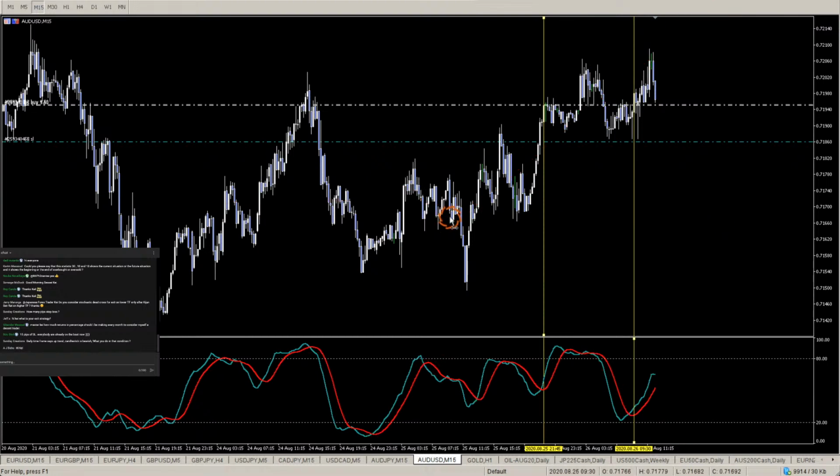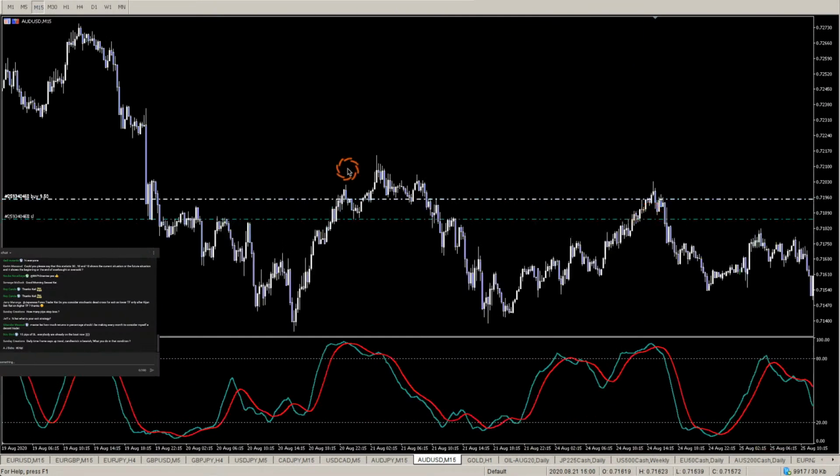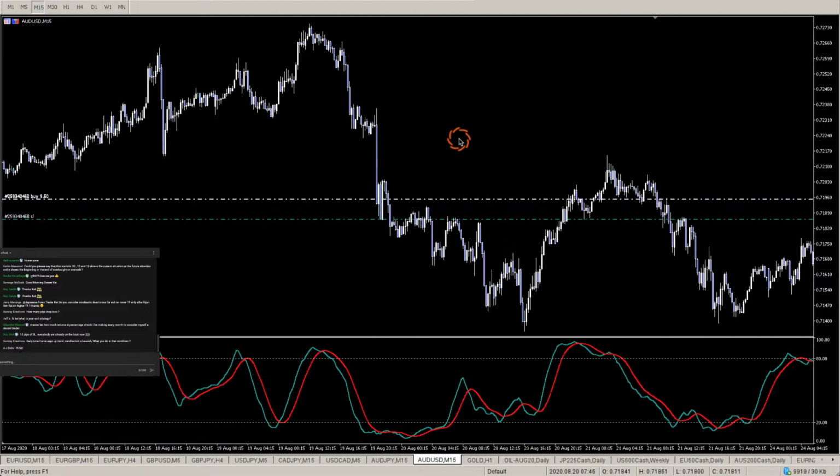So for example, if I just go backwards a little bit, you might see an example like that, like here, right? You see the stochastics below the 20% trend level, but the price continued to go down this way.